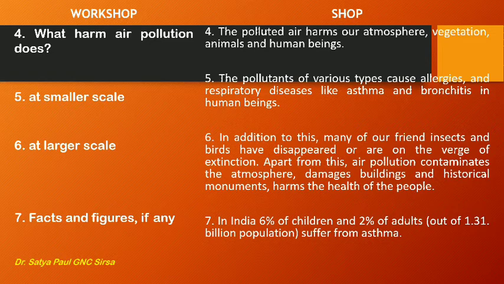If you have knowledge, then only can you tell us that 6% of the children and 2% of the adults out of this much of population are suffering from asthma. If you are not in possession of knowledge, then you can never write this sentence. So this is the seventh sentence in our workshop, which adds to our knowledge, and we will move on now.